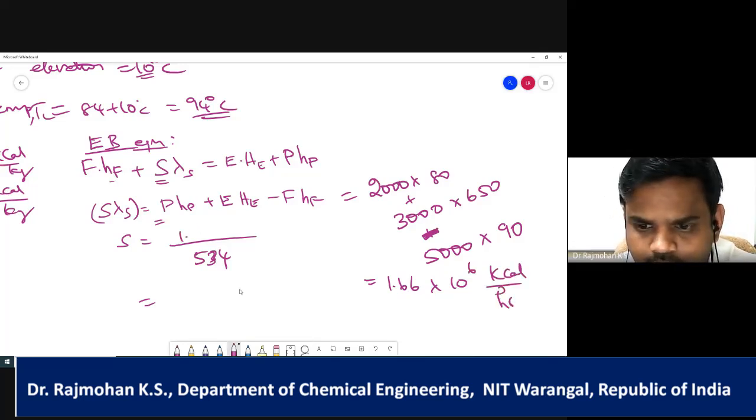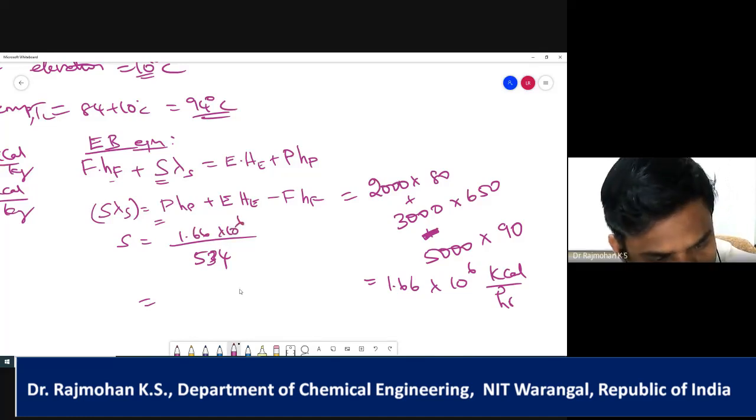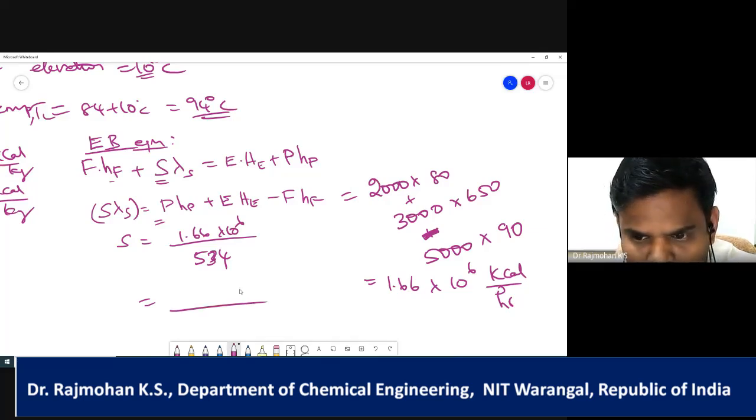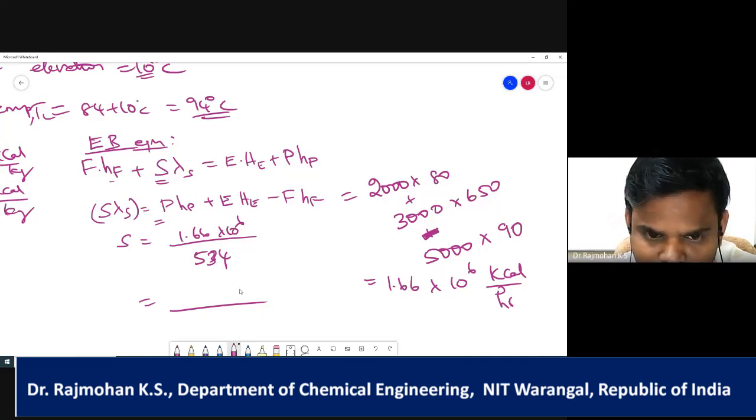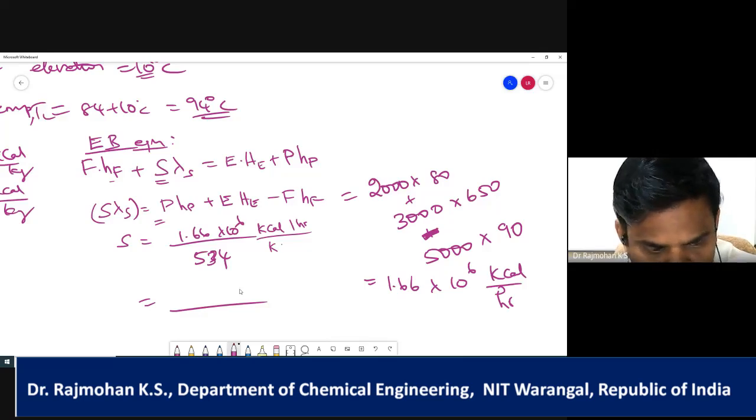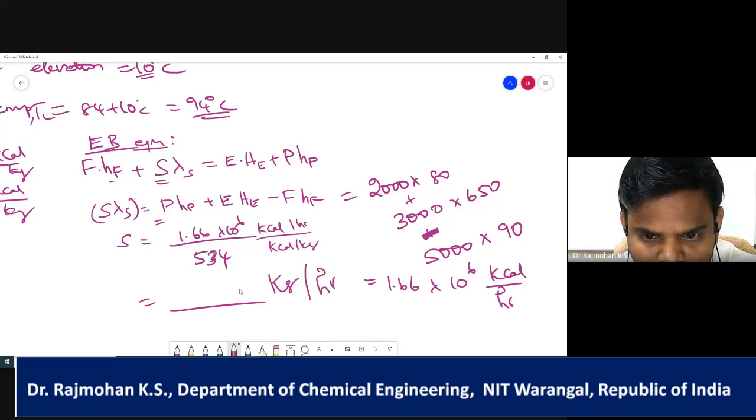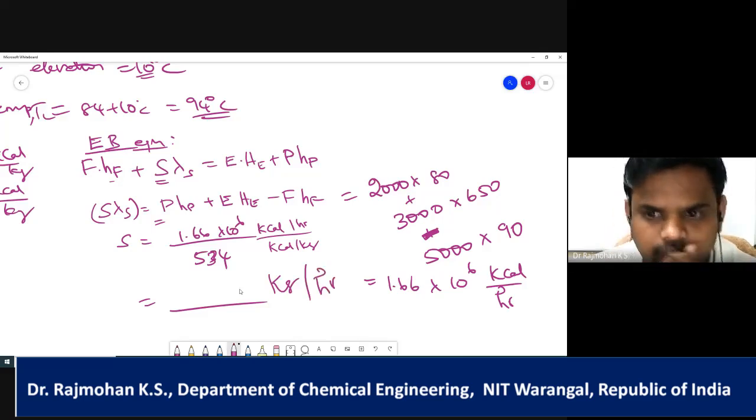So if you substitute here, divided by lambda S value, we get S value equal to around 3110. Yes, what is the value you get?